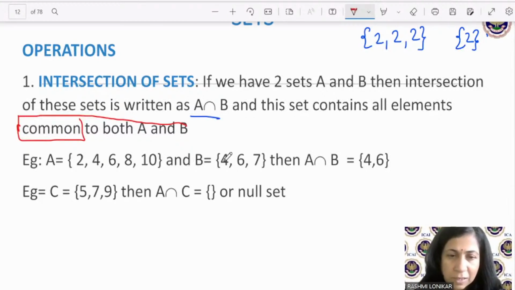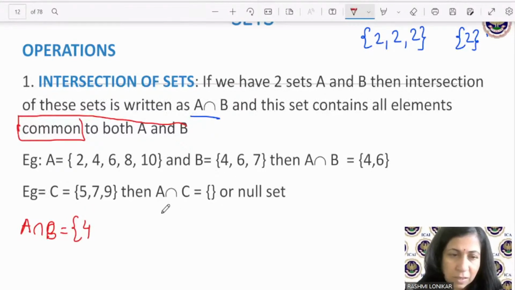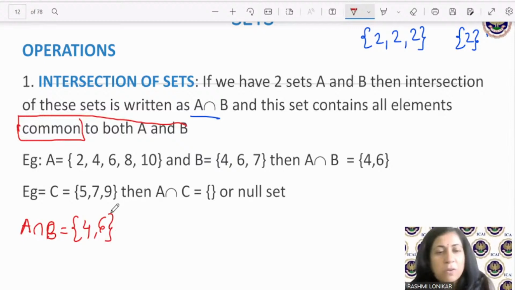Is 2 present here? No. So I will not write it in the intersection. Is 4 present here? Yes. So A intersection B has 4. Now 6. Is 6 present? Yes. So I will write down 6. 8? No. 10? No. So A intersection B will be 4, 6.